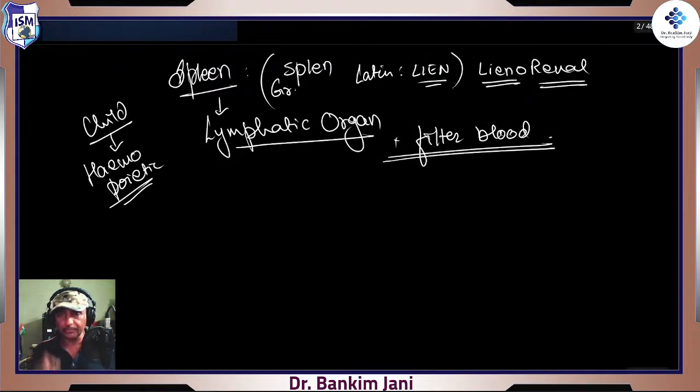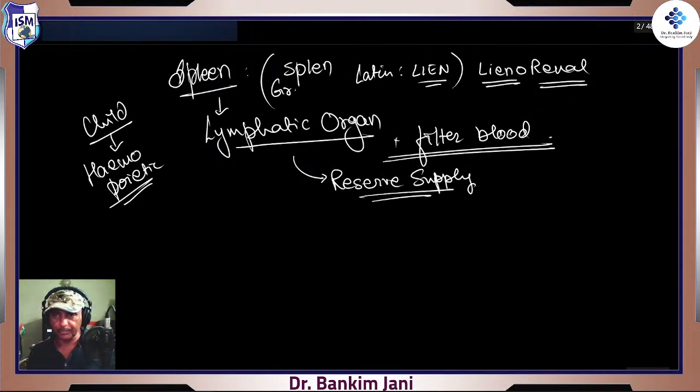Only in cases of emergency, such as massive bleeding, can the spleen act as a reserve supply. More as we proceed, but one important thing is that it is very vital for our immune system.